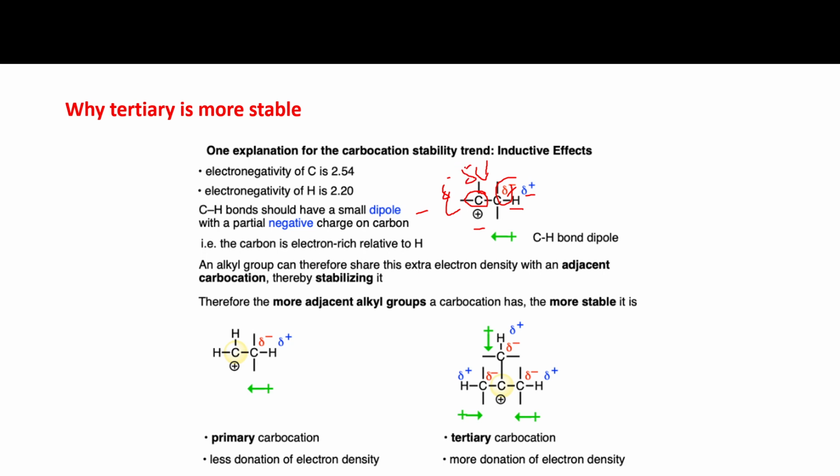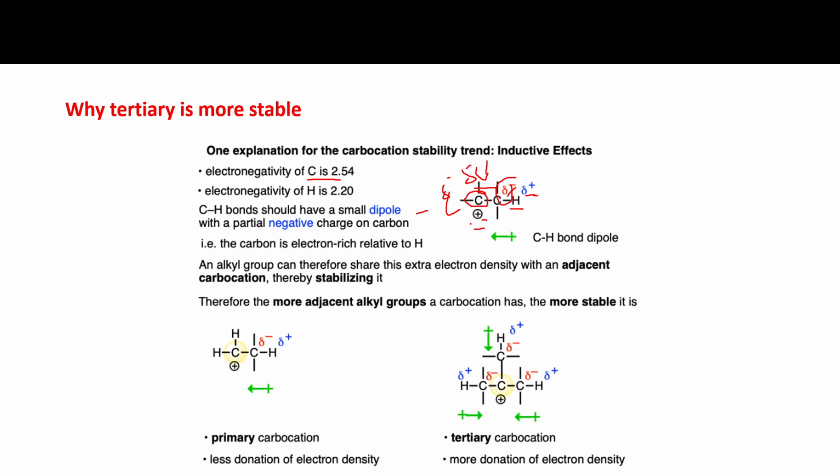The carbon is more electronegative, 2.54, as compared to the hydrogen, so the delta negative charge will be on the carbon and delta positive on the hydrogen. This delta negative also stabilizes the carbocation because it has the positive charge.